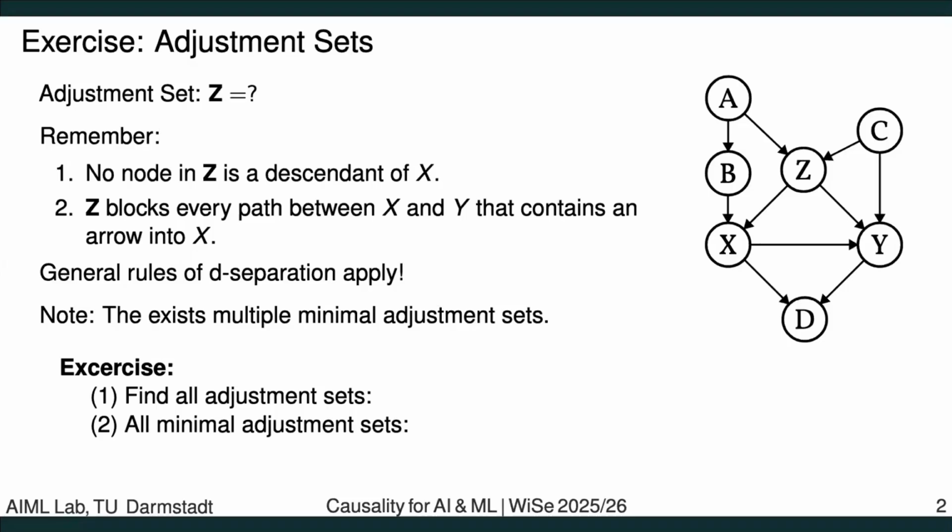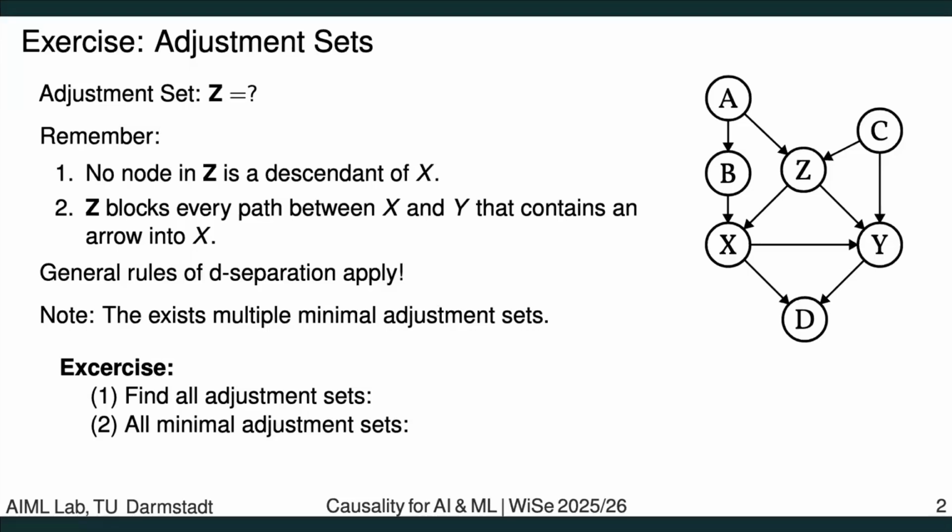We had this causal graph, and the question was to use the rules of backdoor adjustment to find adjustment sets that will allow us to get an unbiased estimate of the effect of X on Y. I think we discussed it a bit in the last lecture, but maybe some of you looked at it again and have some ideas what could be some of the adjustment sets, and what the minimal adjustment sets are that are needed to adjust for this.